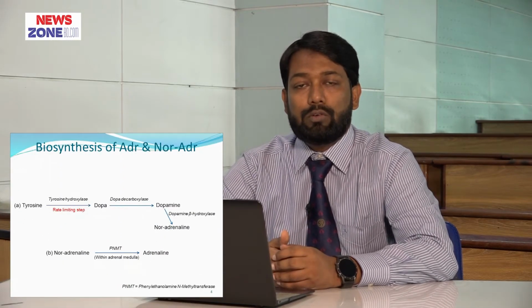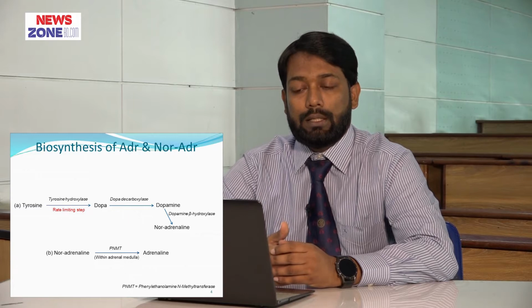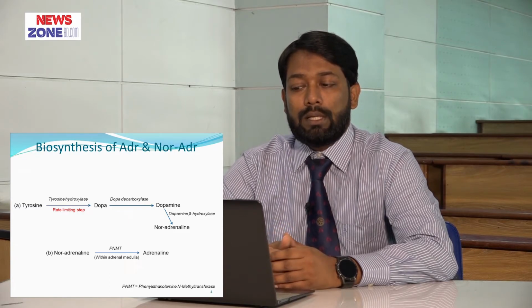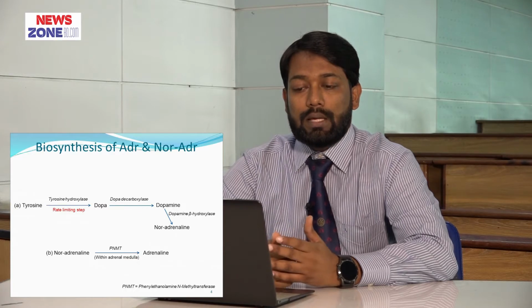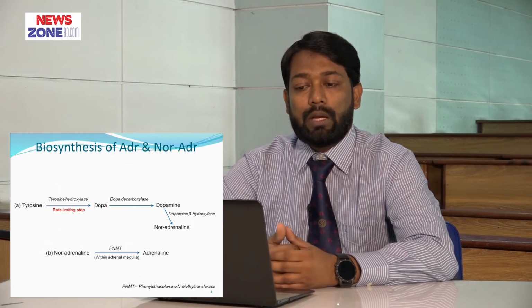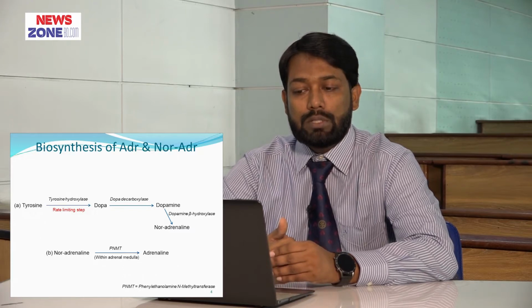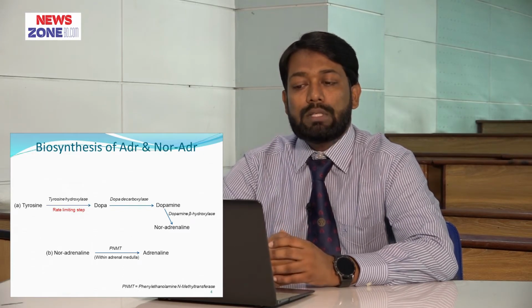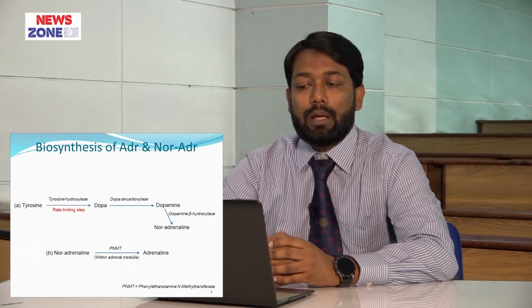Let us discuss the biosynthesis of adrenaline and noradrenaline. We already know that adrenaline is synthesized from the precursor amino acid tyrosine. Tyrosine is converted to DOPA by tyrosine hydroxylase enzyme.